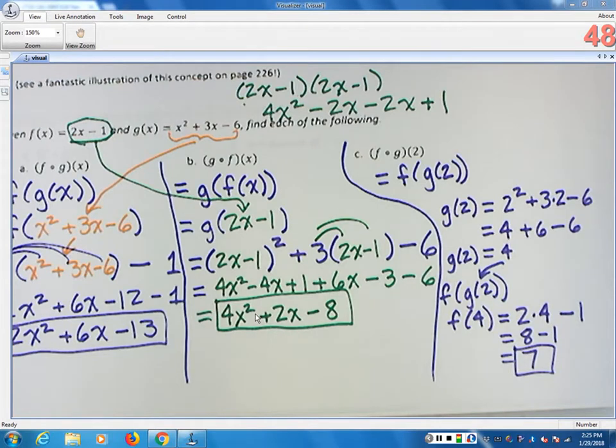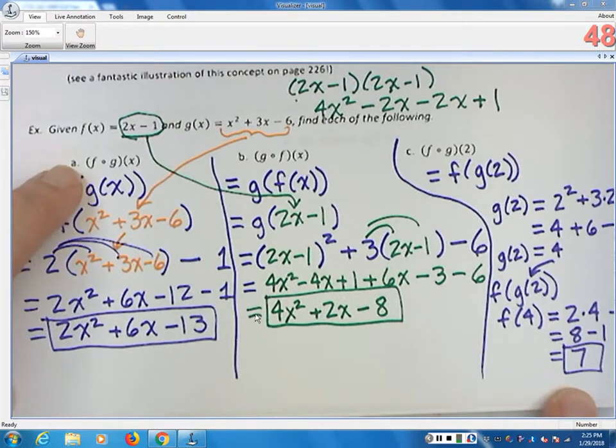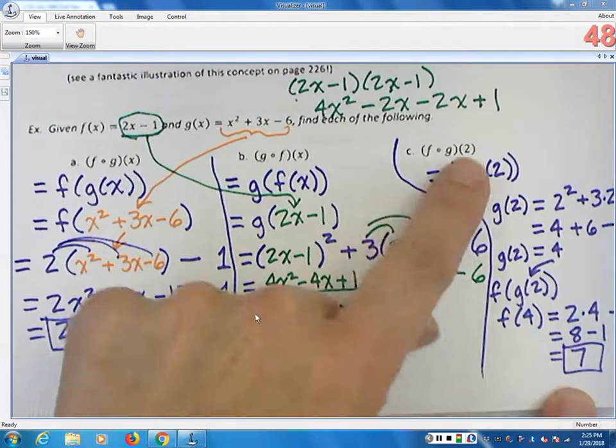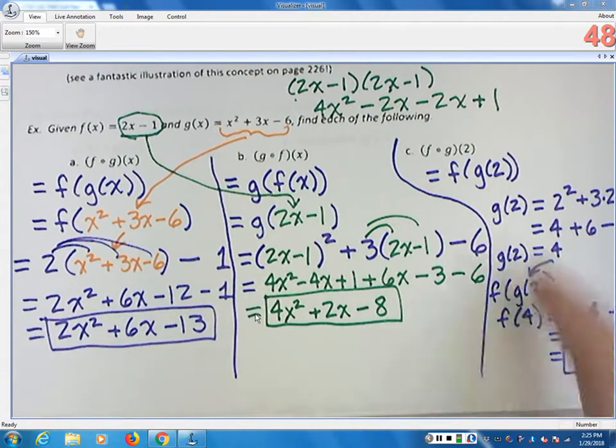Okay? Or, since we had already found the general F composite G of x, we could have just replaced x over here with 2. This is actually easier if you don't have to find this.